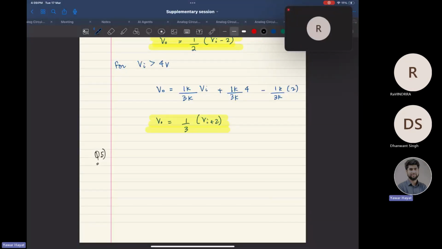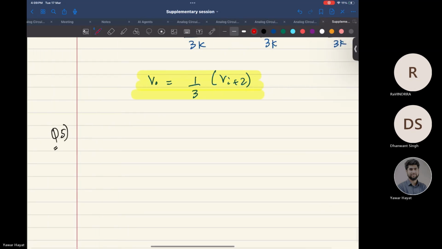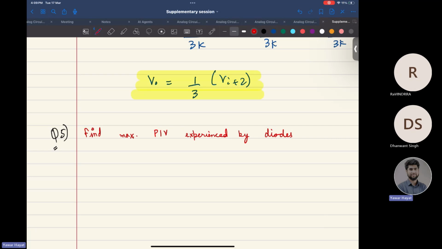Okay, you need to find the maximum peak inverse voltage experienced by diodes.